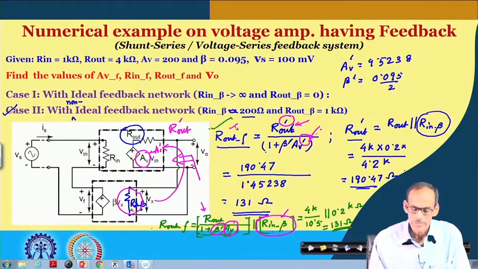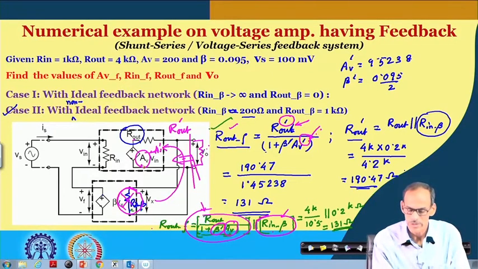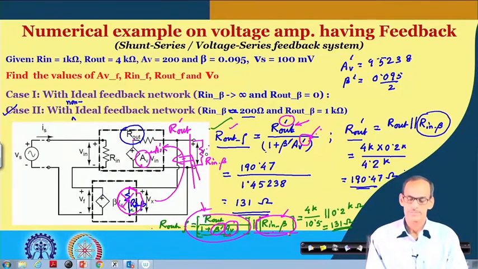Or the alternate approach is that we can keep this part aside, thinking that this resistance is here, and here the resistance is infinite, it has been shifted there, and then we calculate the resistance by this formula, where both R out is the inherent R out, A V is also the inherent A V, and then we take this R in beta into consideration by considering its parallel connection.